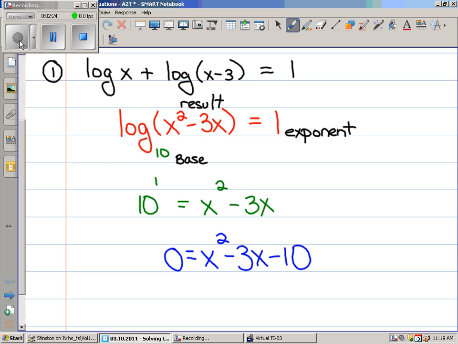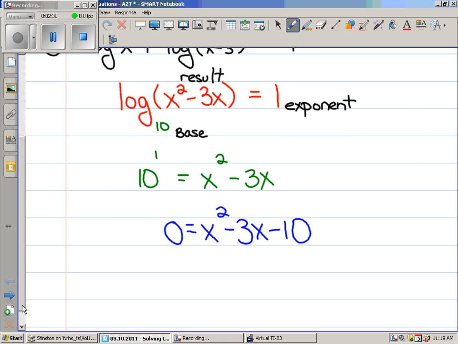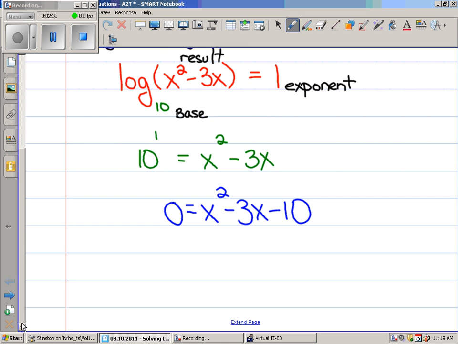And so from here, just got to factor, right? x minus 5 and x plus 2.